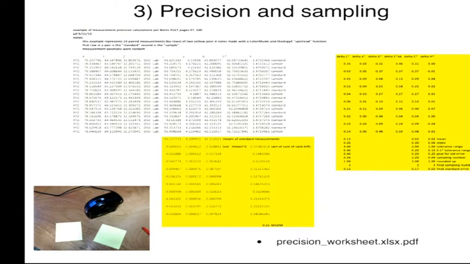Okay, and so in the spreadsheet here, the odd rows are the standard measurement, and the even rows are the sample measurement. Okay, and so then when you do the differences between them, you get these spaces in the rows. Okay, so this row here represents the delta or the difference between the first standard and the first sample. Okay, this is the difference between the second standard and the second sample, and so on. Okay.